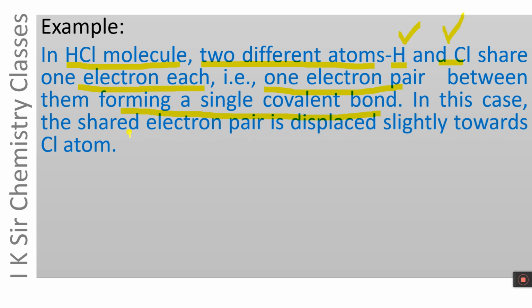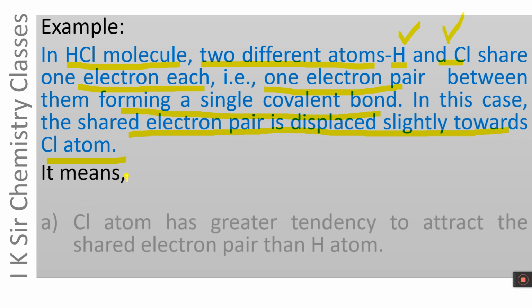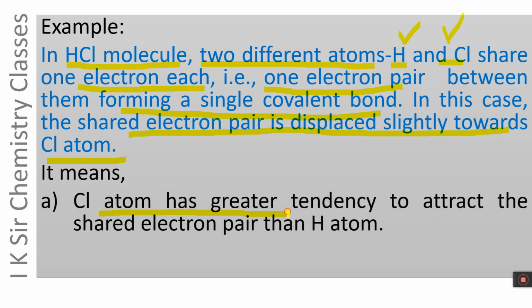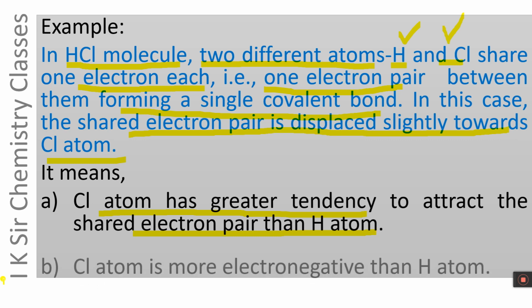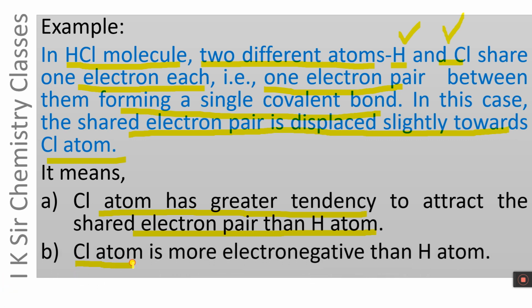The shared electron pair is displaced slightly towards chlorine atom. It means chlorine atom has greater tendency to attract the shared electron pair than hydrogen atom. That is, chlorine atom is more electronegative than hydrogen atom because the ability of an atom to attract the shared electron pair towards itself is called electronegativity.